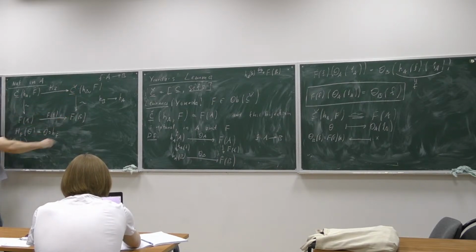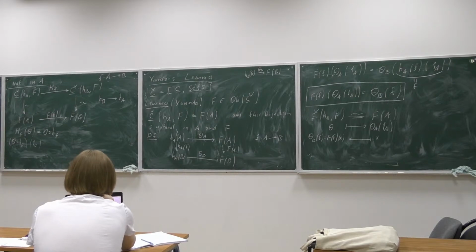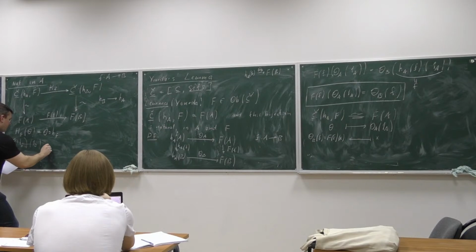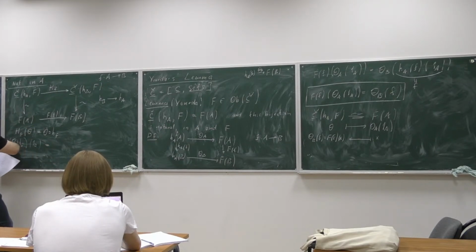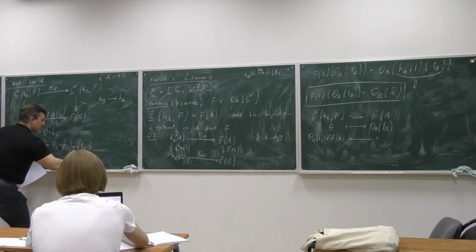So this composition is this thing, right? By definition of the maps that I have here. Now, more precisely, by what we mean by composition of natural transformations, this is theta B composed with the H sub F at the element B, and then I need to apply this to the 1B.